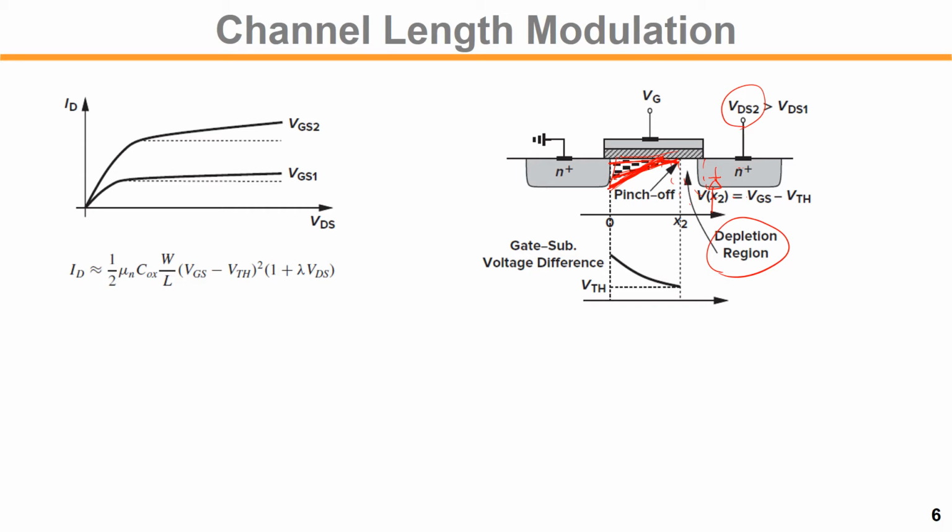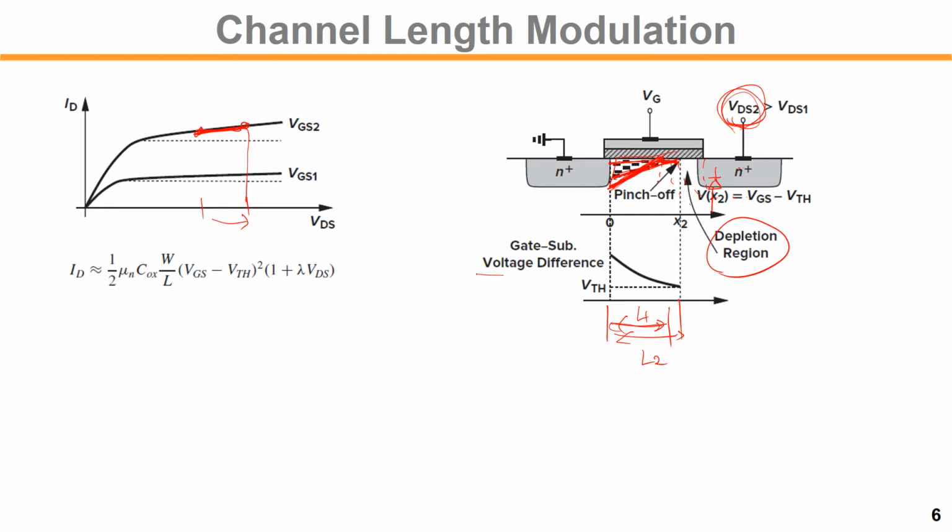The sharper the slope, the higher the current. So the effective channel length is modulated. With a higher drain voltage, there is a wider depletion region and a narrower channel length, which means an increase in current. So a higher VDS results in slightly larger current. This is the non-ideal effect.